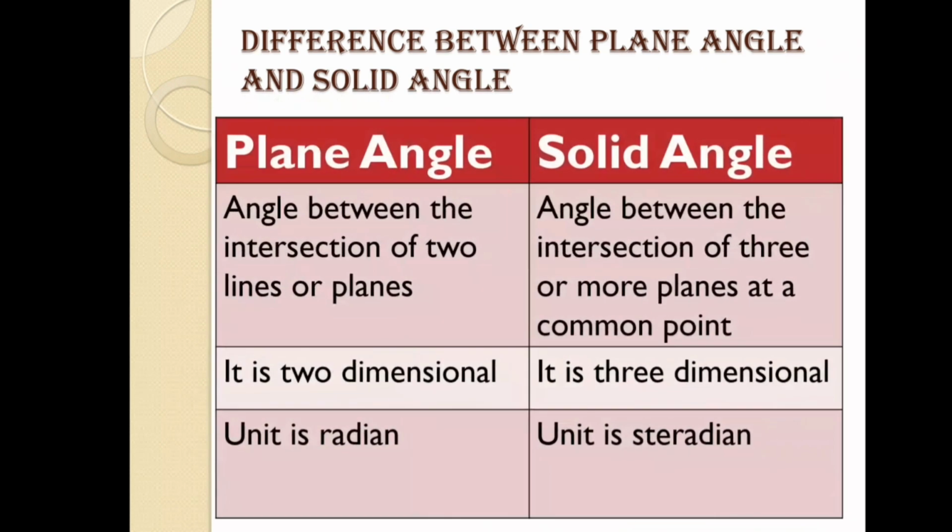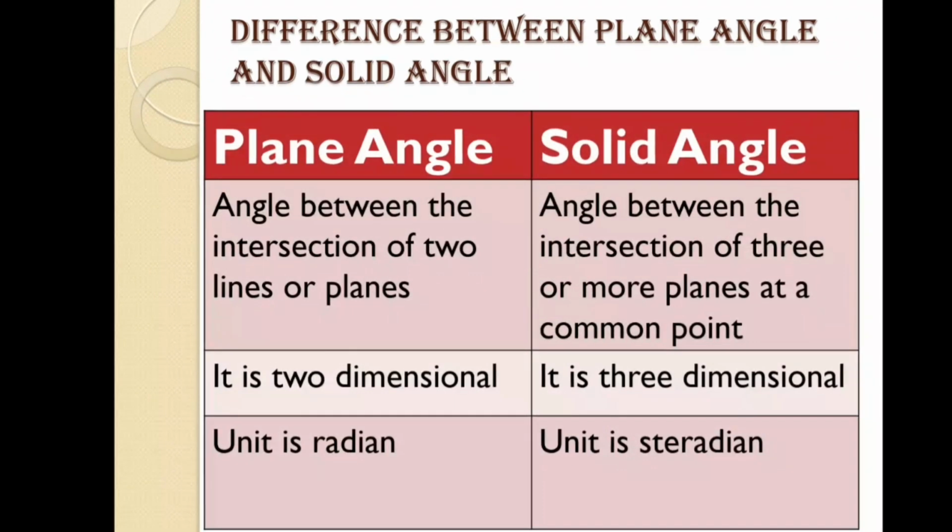Yes. So we discussed plane angle and solid angle, and now we are going to see what is the difference between a plane angle and a solid angle. The first one is plane angle. It is the angle between the intersection of two lines or planes, whereas solid angle is the angle between three or more planes at a common point.